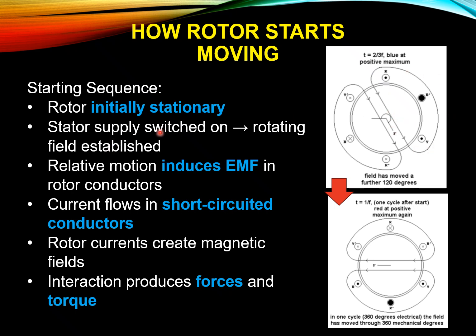Once the rotating electromagnetic field is generated, it will create an induced EMF in the rotor conductors, and current flows in the conductor, so the rotor will create a magnetic field. The rotor magnetic field will follow the stator magnetic field. So it will create a force, and that is how a rotor starts.